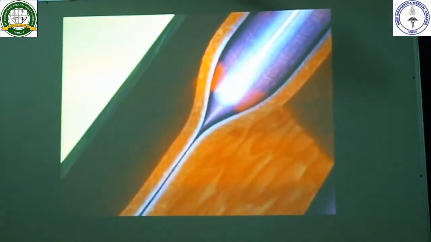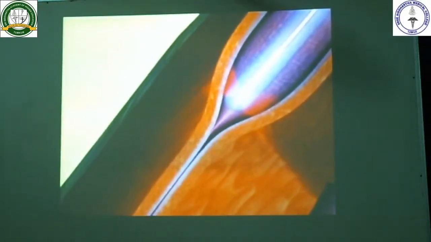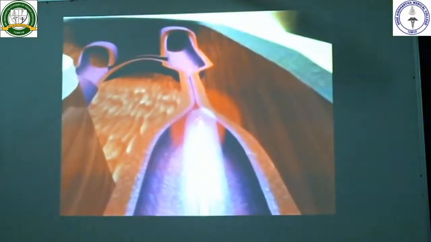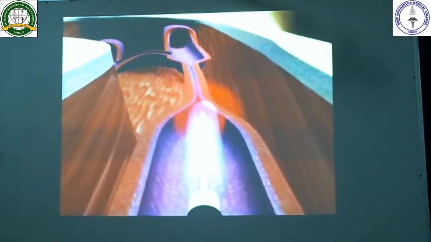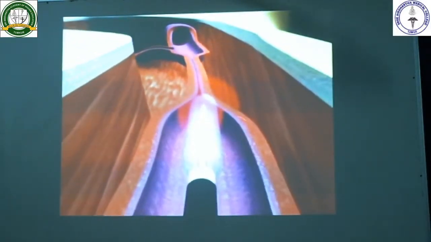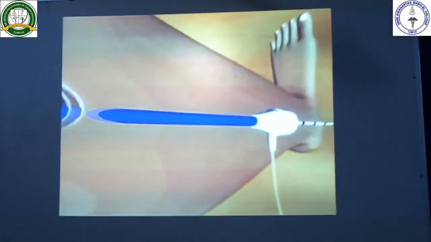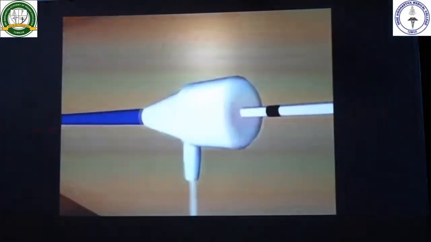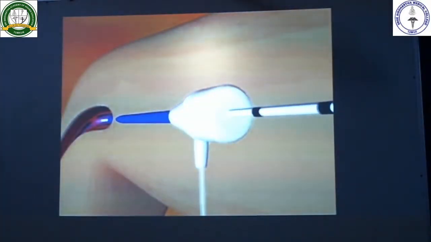Here they will fire the laser energy so that the venous wall will obliterate. So this is the videograph showing endovascular laser ablation. After ablation, they will remove the catheter. So these are all minimally invasive techniques.